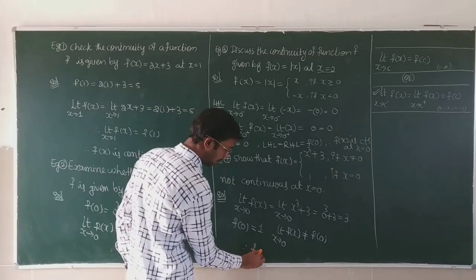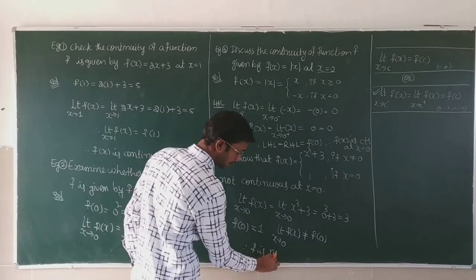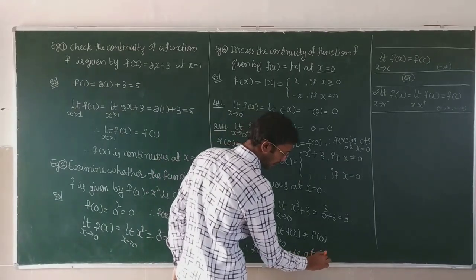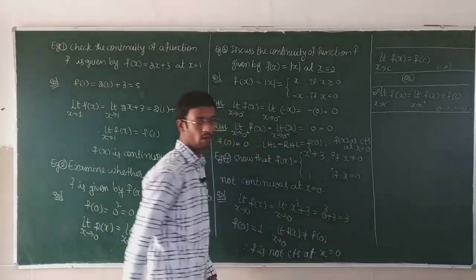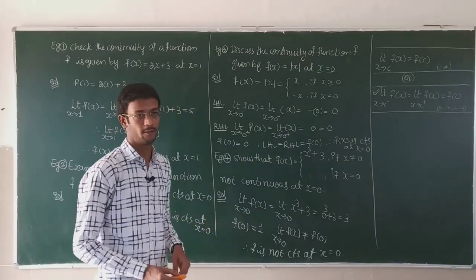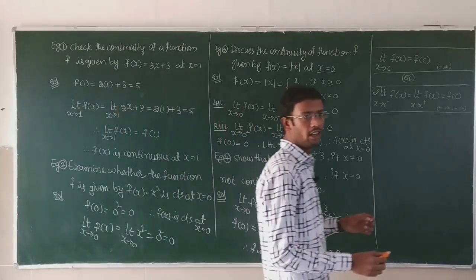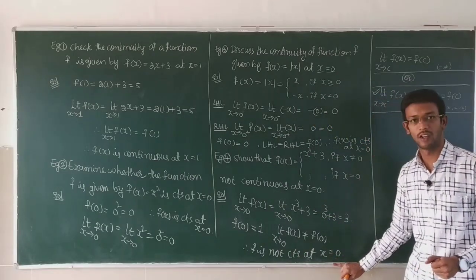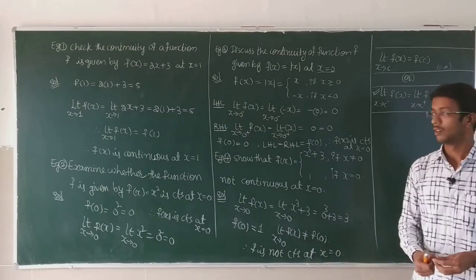Therefore, f is not continuous at x is equal to 0. Not continuous means discontinuous. What is the point of discontinuity? The point of discontinuity is 0.